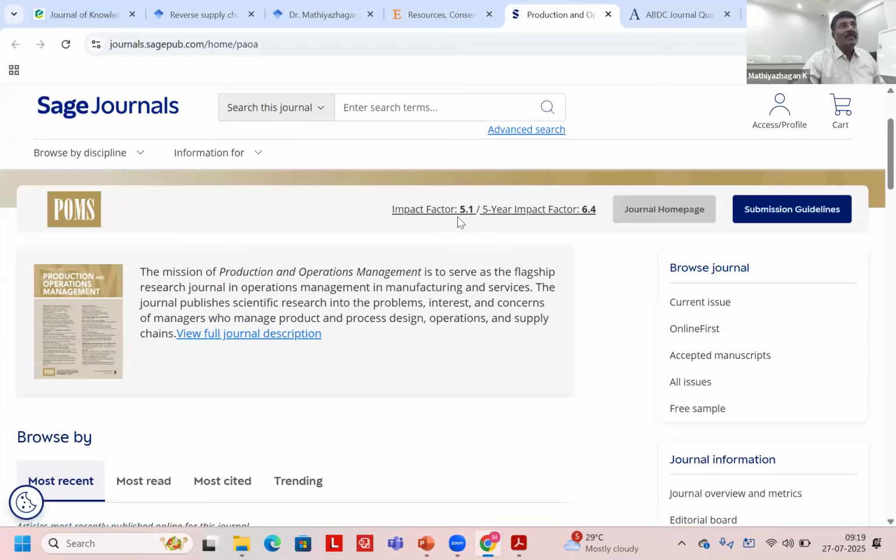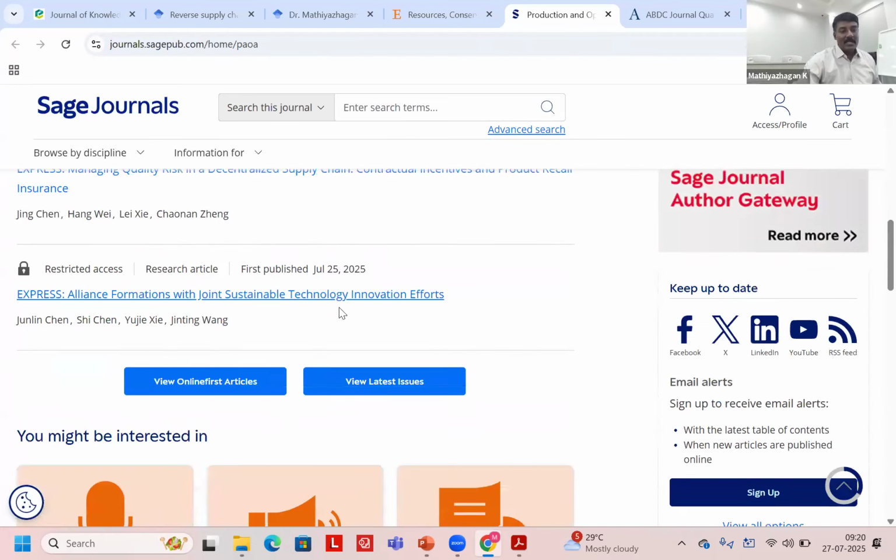5.1. Do you know, publishing one paper here is equivalent to 10 A category journal papers. This journal's ranking we cannot judge just because of the impact factor, but because of the editorial. I'm just showing you, you should understand everything.